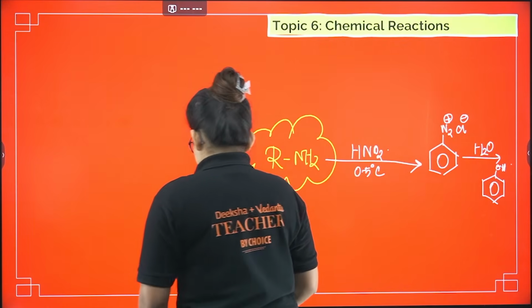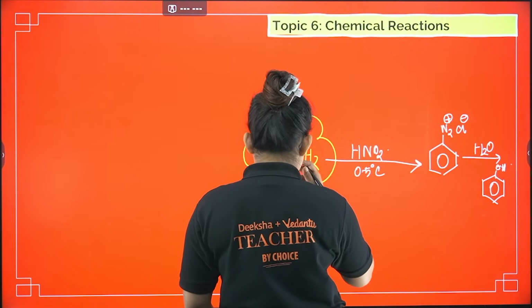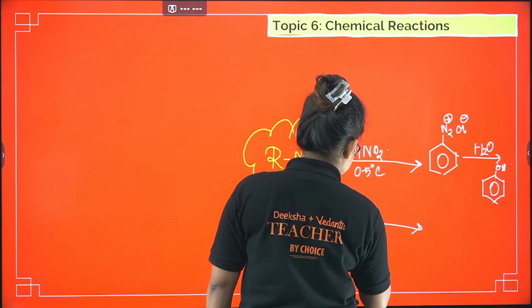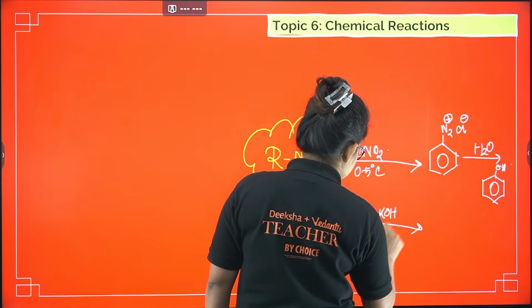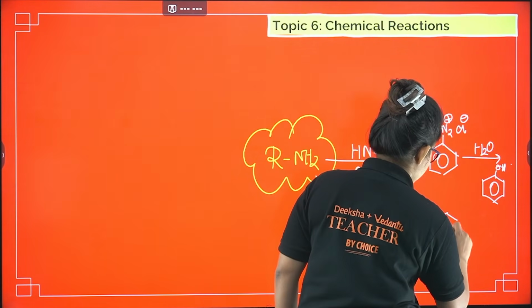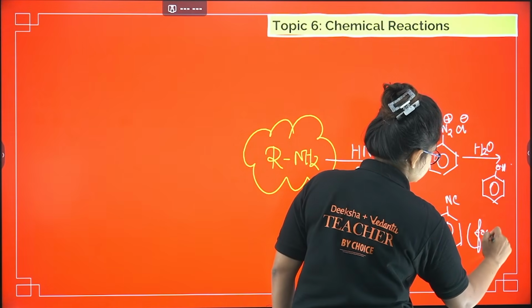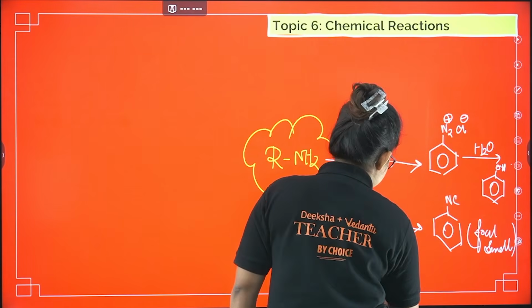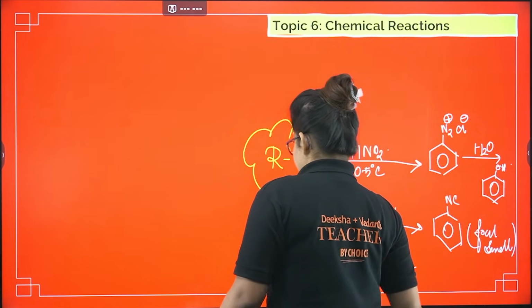Further, if you treat this with, let's say, CHCl3 plus KOH, a little bit of heat, that will give you the isocyanide, NC, that is of foul smell. So this is your carbylamine reaction.